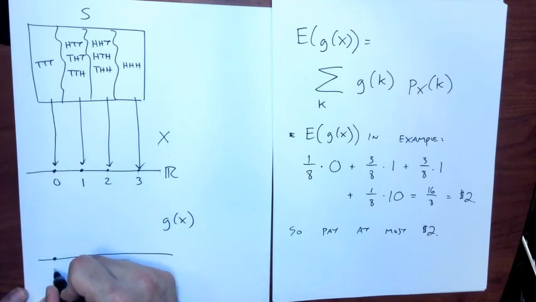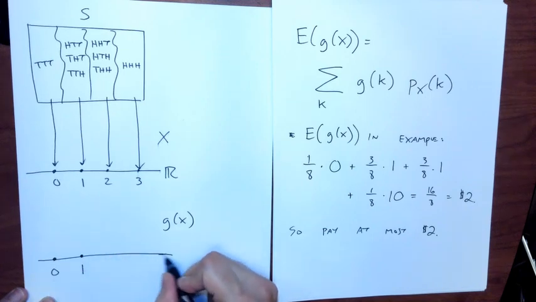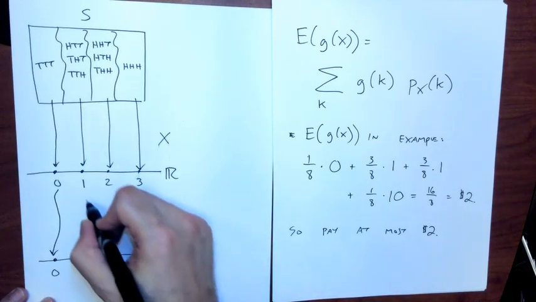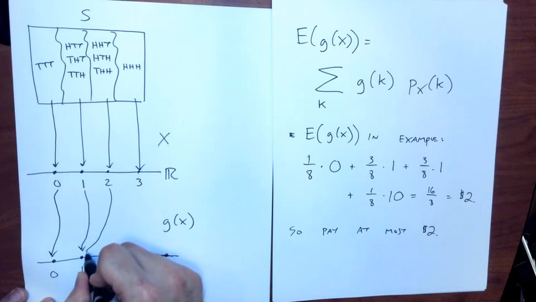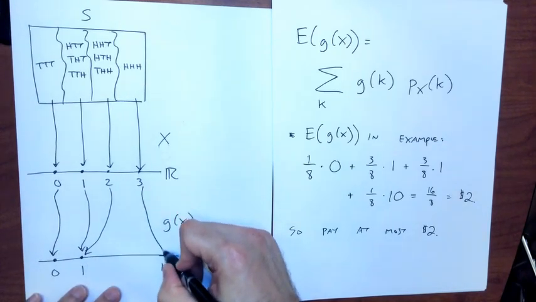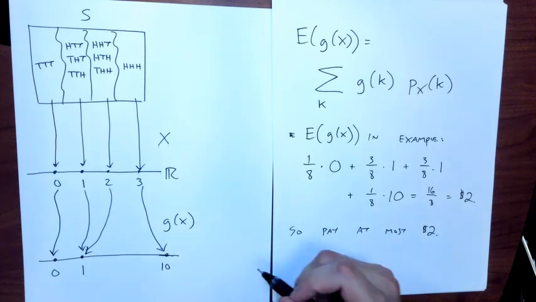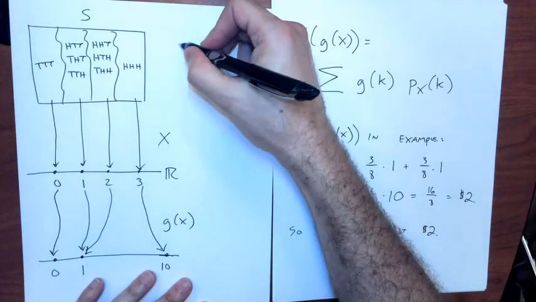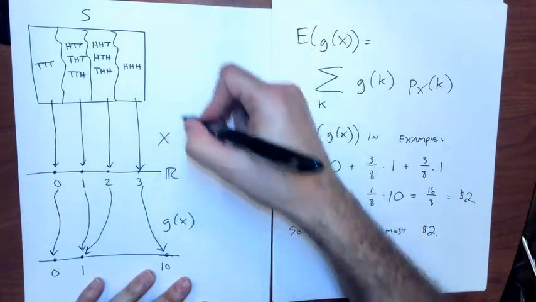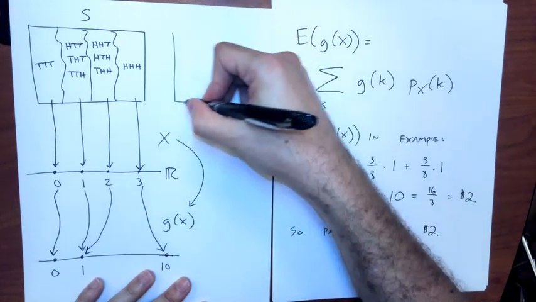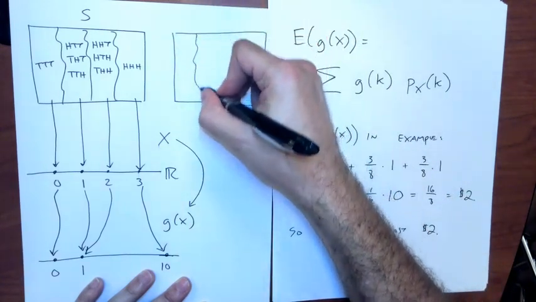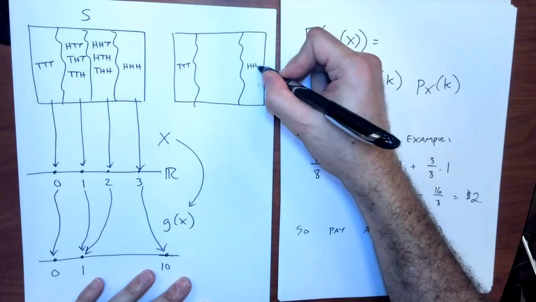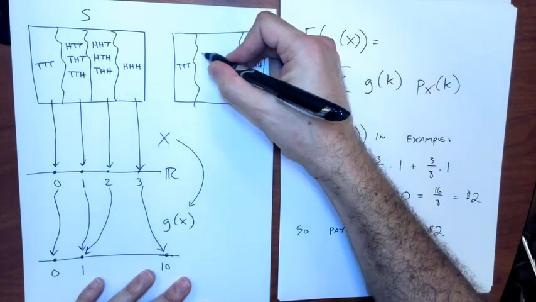And then I further have some sort of function of x that says, okay, well, now I'm going to have $0, $1, and $10, and this guy goes to 0, and these guys both go to 1, and this guy goes to 10. And that's just like saying, suppose I had thought about a different way of carving up the sample space into sets, where this is the outcome that leads to 0, this is the outcome that leads to 10, and this is all the other stuff.